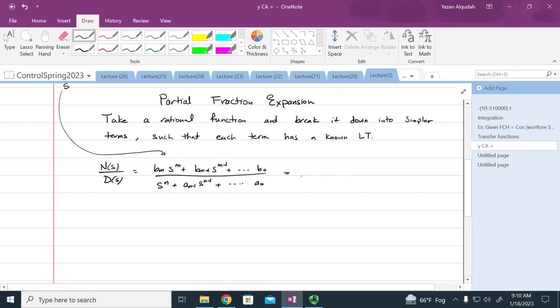And I want to be able to break it so it looks something like this. And what are these P1, P2, P3, etc.? The roots of D of s. Make sense? Okay.